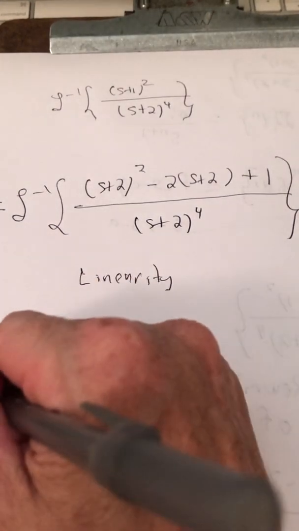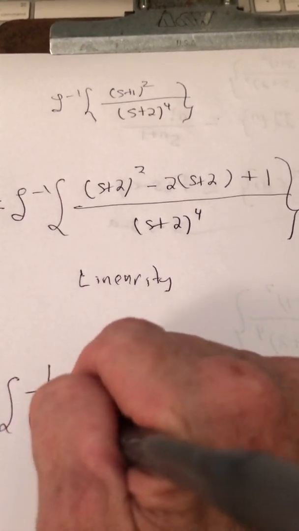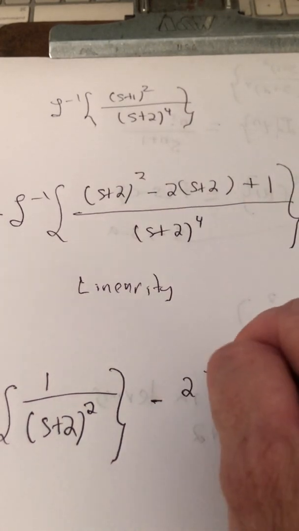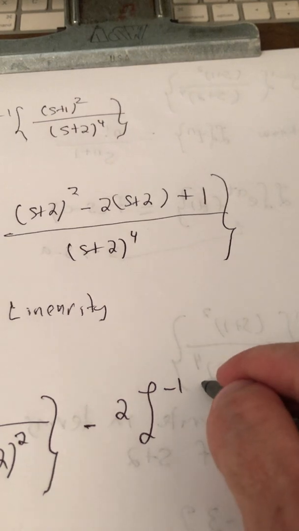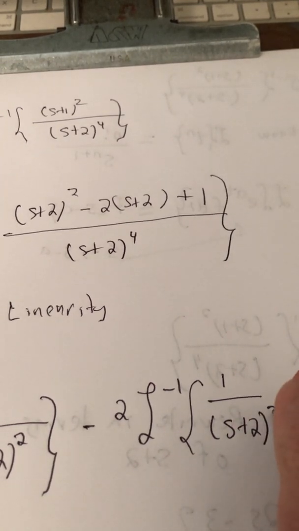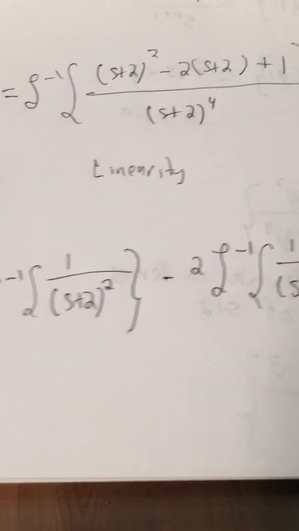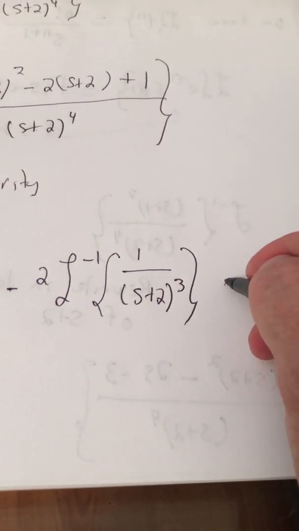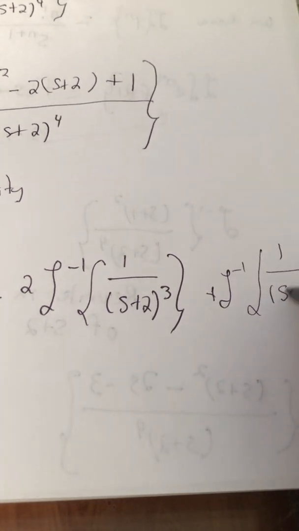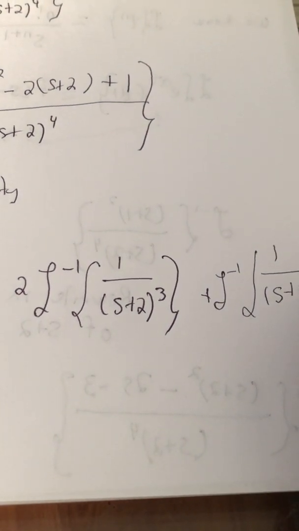So what we're going to have is the inverse Laplace transform of 1 over (s plus 2) squared, minus 2 times the inverse Laplace transform of 1 over (s plus 2) cubed, and then our last term is plus the inverse Laplace transform of 1 over (s plus 2) to the fourth.